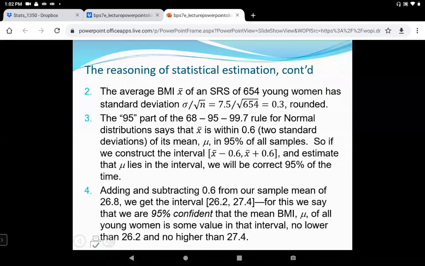Adding and subtracting 0.6 from our sample mean of 26.8, we get the interval 26.2 to 27.4. For this, we say that we are 95% confident that the mean BMI mu of all women is some value in that interval, no lower than 26.2 and no higher than 27.4.